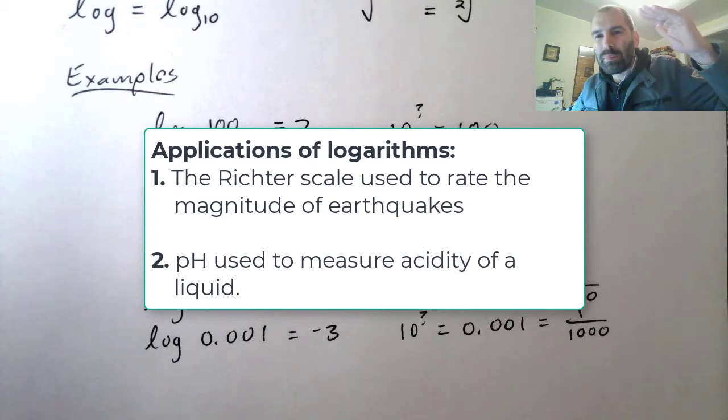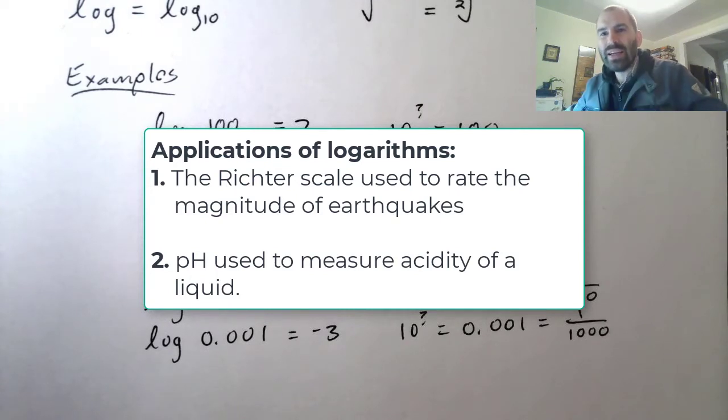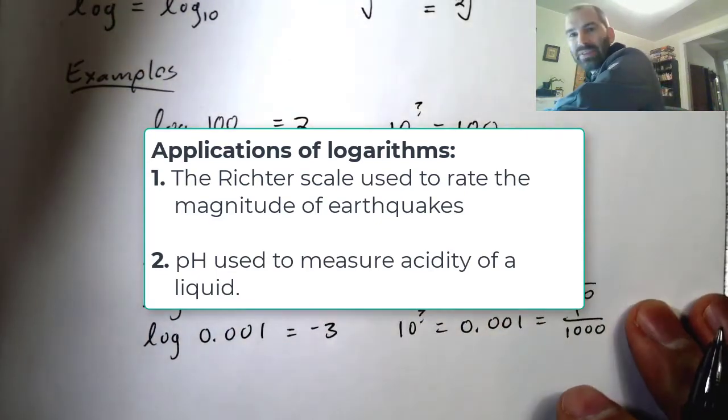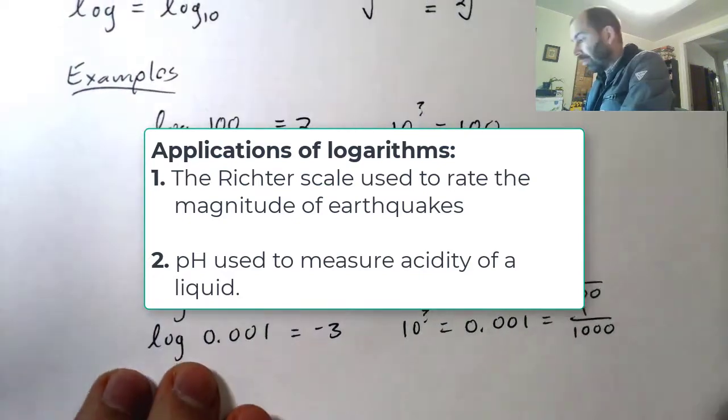So a pH of 7 is 10 times more basic than a pH of 6, and a pH of 6 is 10 times more basic than a pH of 5. The H in pH stands for hydrogen. It's the concentration of hydrogen ions in the solution, and that's what makes something acidic or basic.